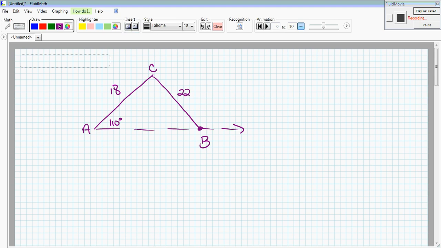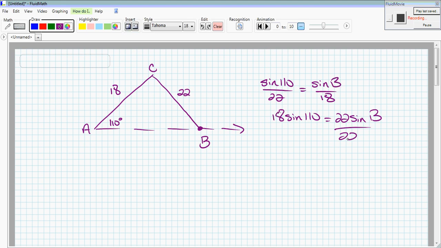But we do have to use the law of sines because we have here an angle on the side across from it. So we would have the sine of 110 over 22 equals the sine of B over 18. We would cross multiply. 18 times the sine of 110 equals 22 times the sine of B. Divide both sides by 22.